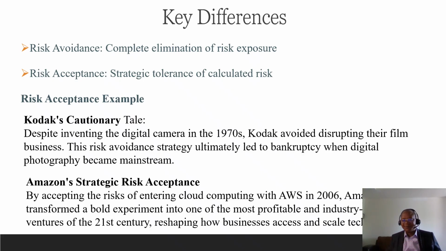The flip side: Amazon. Amazon's strategic risk acceptance. By accepting the risk of entering cloud computing with AWS in 2006, Amazon transformed a bold experiment into one of the most profitable and industry-defining ventures of the 21st century, reshaping how businesses access and scale technology.